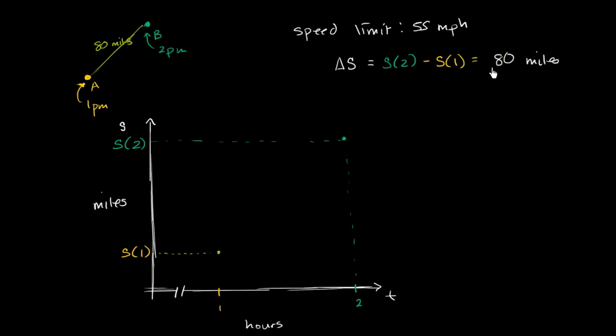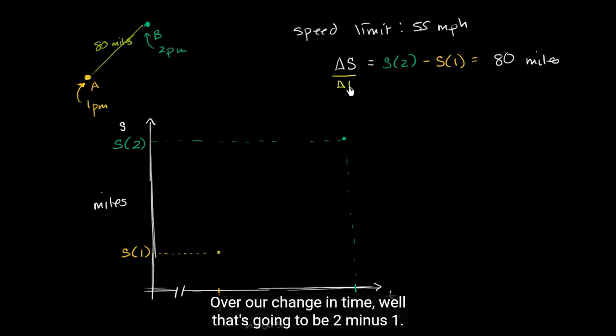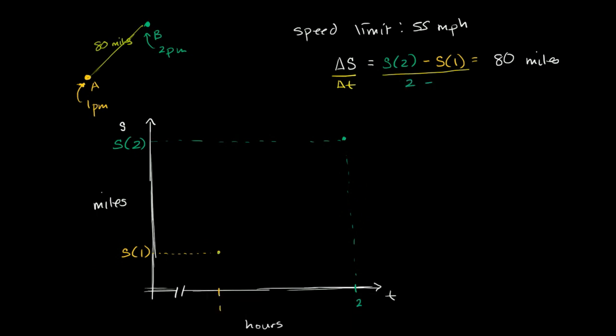And then what is our change in time? Well, that's going to be 2 minus 1, which is just 1 hour. So 80 miles over 1 hour.